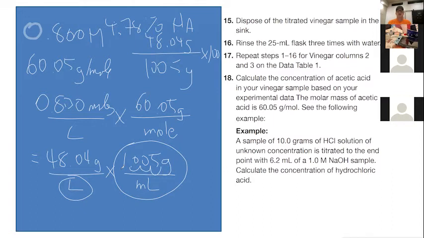So that tells you that the concentration you should be getting for acetic acid is around 0.8 to 0.9 molar, somewhere in that range. I think the exact concentration is 0.885, something like that. So you're going to want to have it a little less than 0.9, and you'll get a mass percent of around 5, which is what we're looking for.